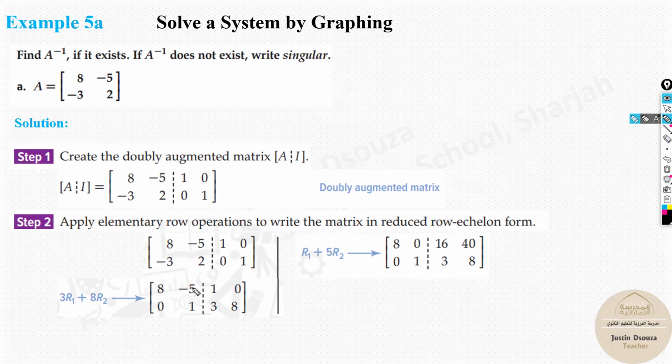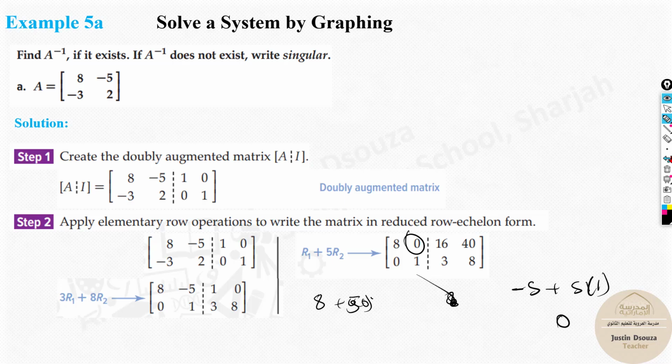You should just multiply whatever the number is over here, but with the opposite sign. So basically what happens here is, R1, what is the above term? Here it will be 8 only, plus 5 times 0 is 0. Nothing happens. Here it is, sorry, minus 5 for the second. Now this one, how we get it is minus 5 plus 5 times 1.